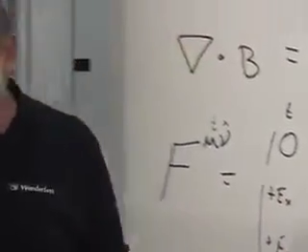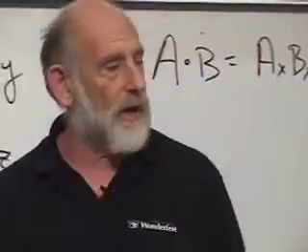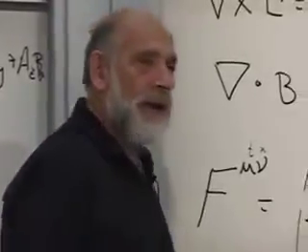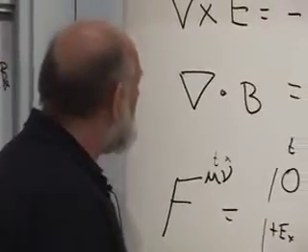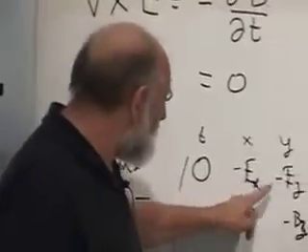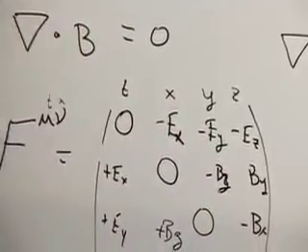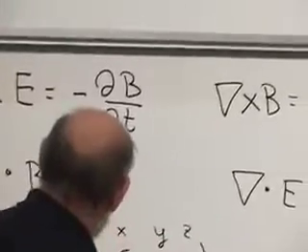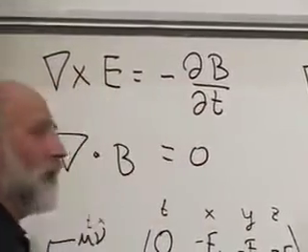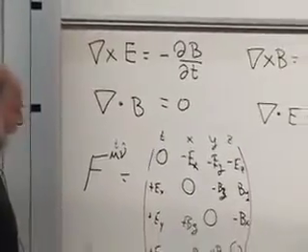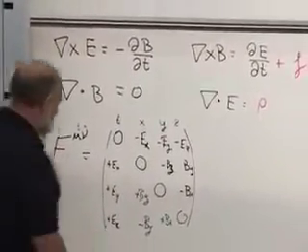There is another tensor that you can make up out of the electromagnetic field. It is made up by simply replacing electric field by magnetic field and magnetic field by electric field. We just look at these equations and we see that the electric field and magnetic field occur almost symmetrically. It might not be a great surprise that there's another tensor.